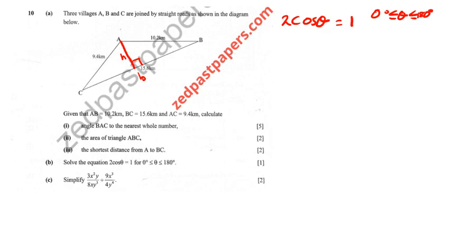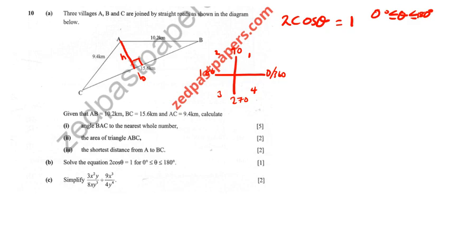Now remember, we have quadrants. This is the first quadrant, this is the second quadrant, this is the third quadrant, and this is the fourth quadrant. Here it is starting from 0, this is 90, this is 180, this is 270, and this is 360.